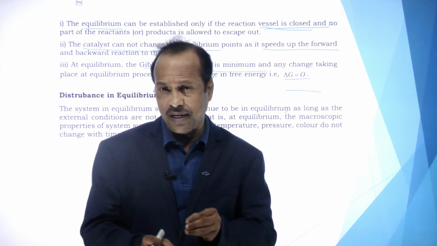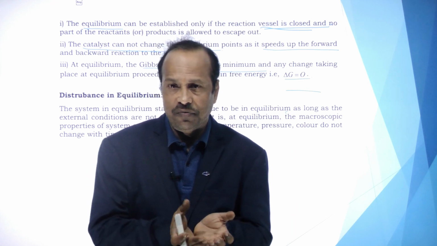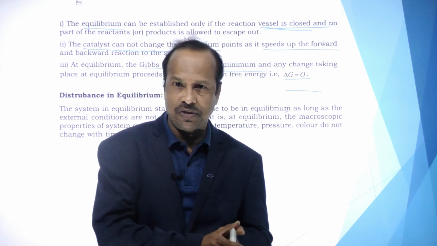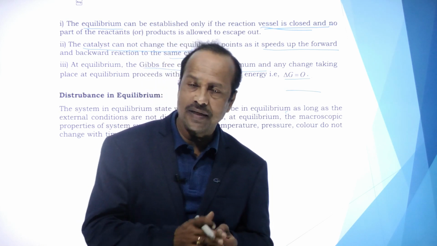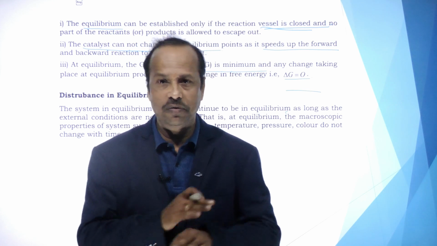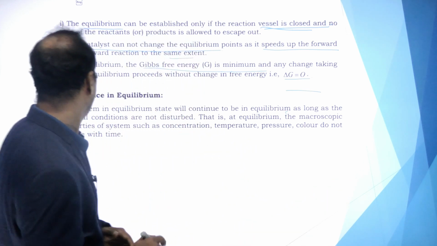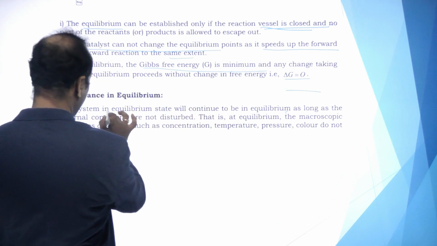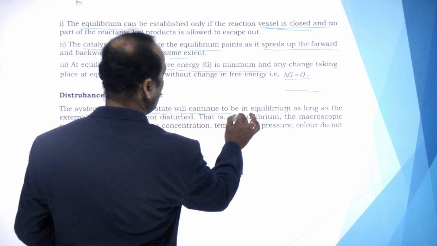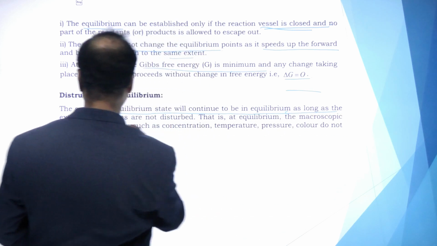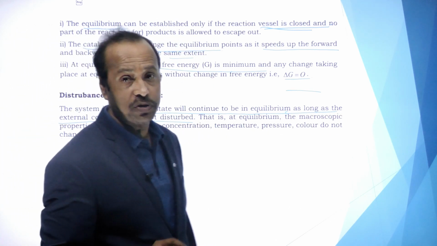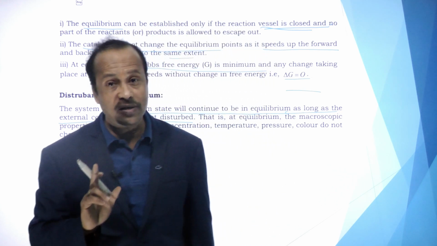But if you disturb anything, for example heating additionally, providing more temperature, exerting some extra pressure, or increasing some concentration, then what happens? Equilibrium gets disturbed. The system in the equilibrium state will continue to be in equilibrium as long as the external conditions are not disturbed. Means it should not change the temperature.